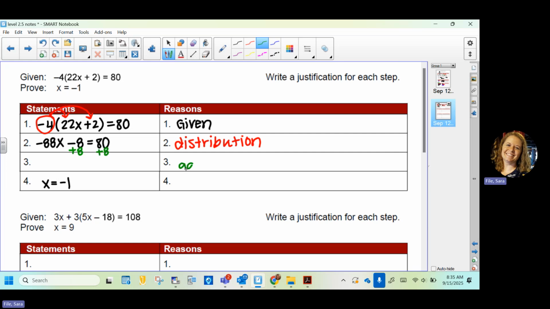So that is addition property of equality. So when I add 8 to both sides, I'll still have -88x equals 88. And then I'm going to divide by -88. So that is the division property of equality.